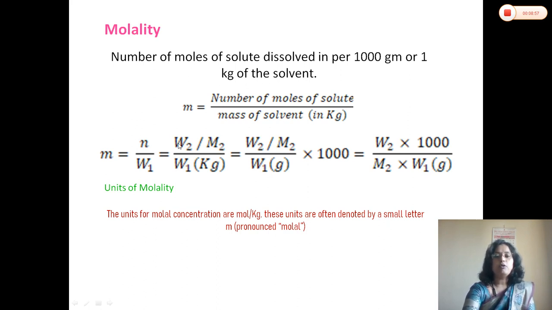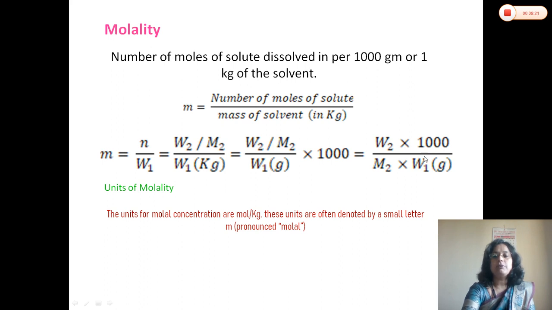So again number of moles is denoted by n and the mass of solvent by W1. We know that number of moles is given by weight of solute upon the molecular weight of solute. So n is replaced by W2 upon M2, and weight of solvent is given as W1 in kg. If we convert this kg to gram, we need to multiply this whole entity by 1000.